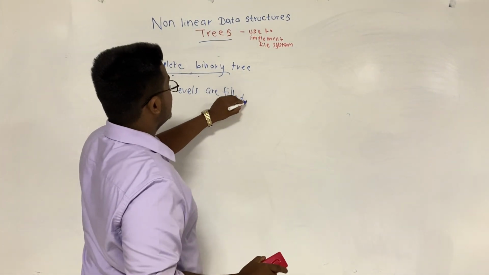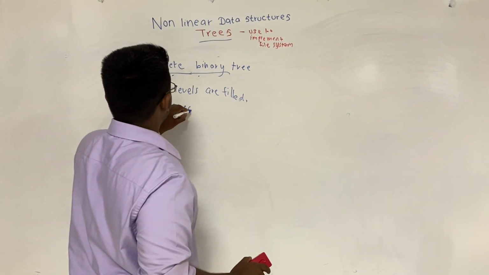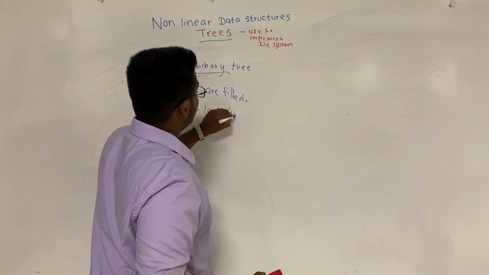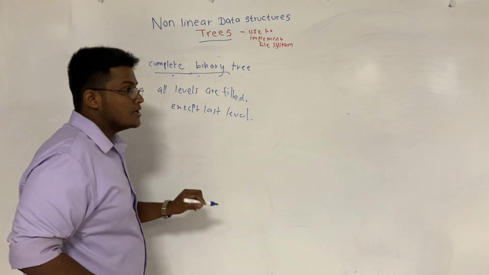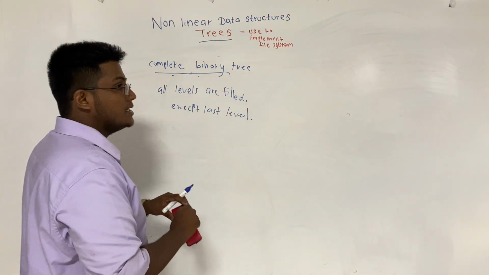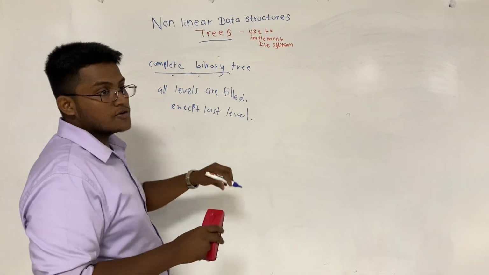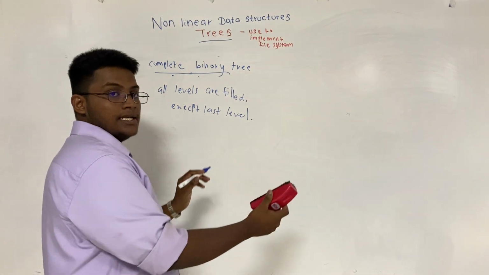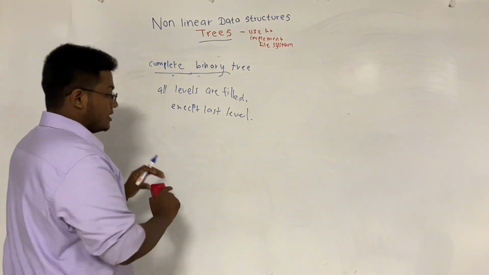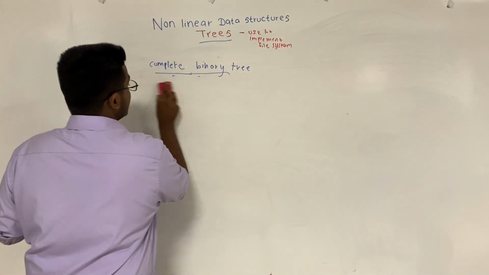All levels are filled except the last level. And remember, when we are taking the last level, we have to fill the nodes in the leftmost direction, right? I will show you it in an example, right?